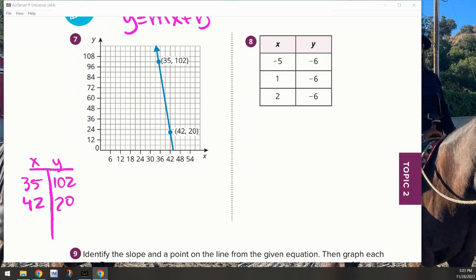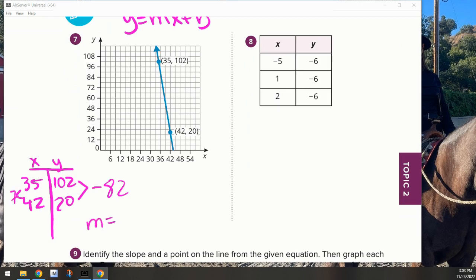When I do this, I go down. I'm going down, so that's negative. So I'm going to do 20, and I'm going to subtract 102, and that would be negative 82. This one right here, 42 minus 35 is 7.